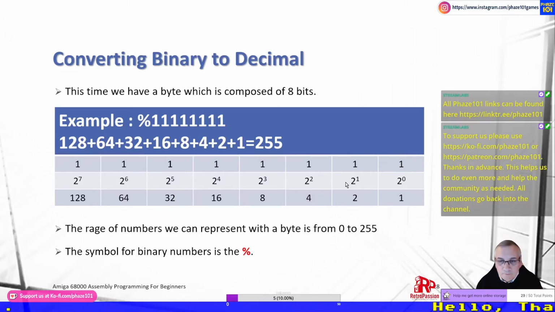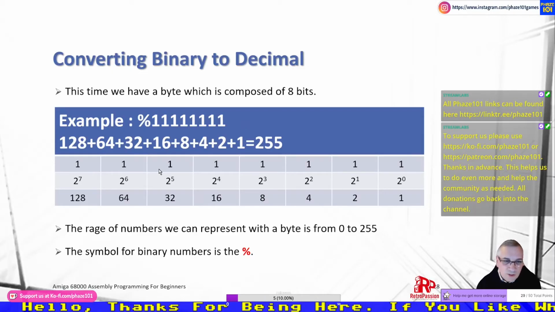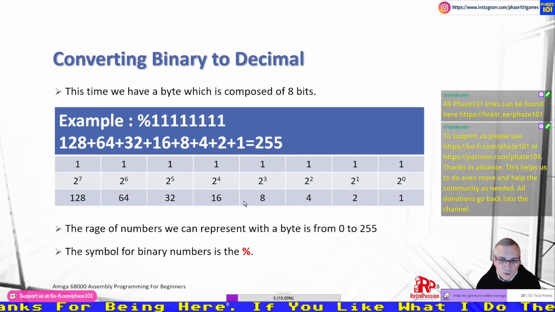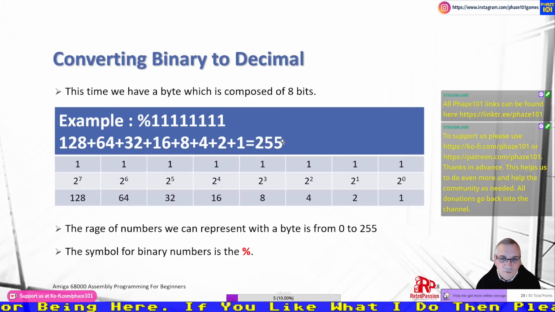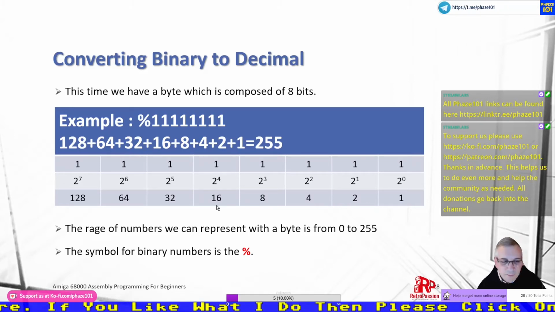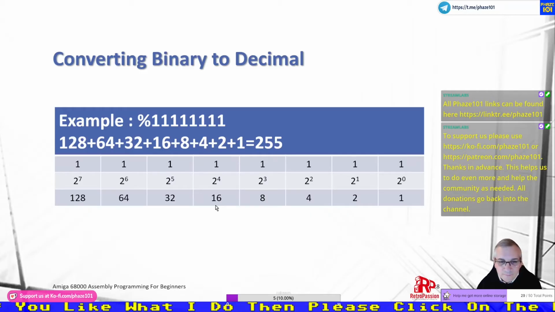Starting from the left, we have 2 to the power of 0, 2 to the power of 1, and we continue till 2 to the power of 7. Because we have 8 of them, from 0 to 7, you add all those together and we get 255. Guys, you know this, but remember, it needs to be done for others.